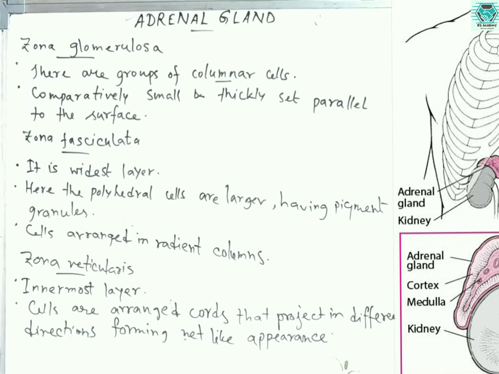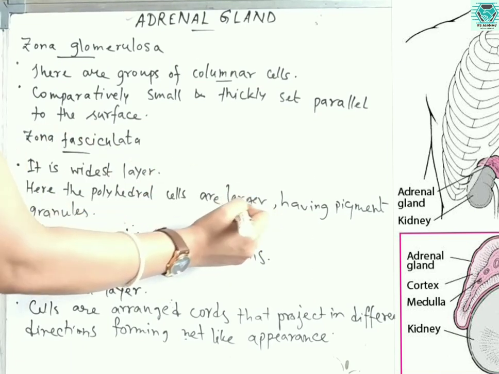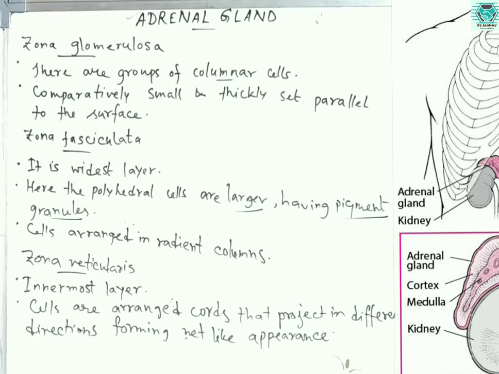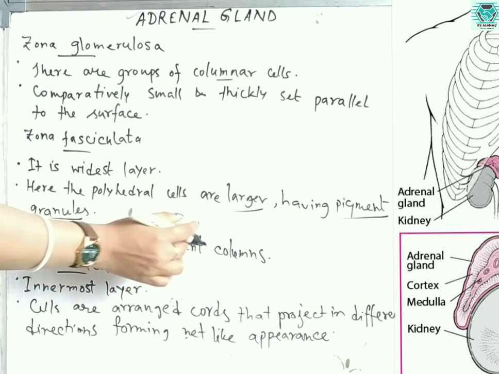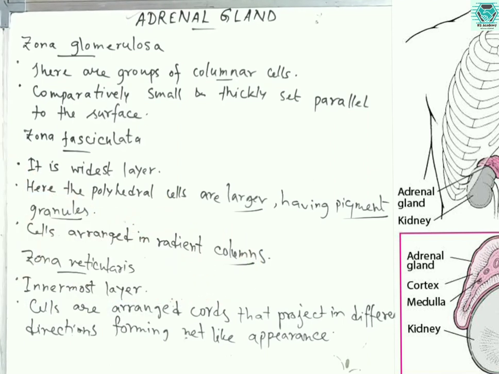Polyhedral cells means those that don't have a particular shape. They are larger and have pigment granules. These are the important features of this layer, and the cells are arranged in radiant columns. So here also they are arranged in columns.